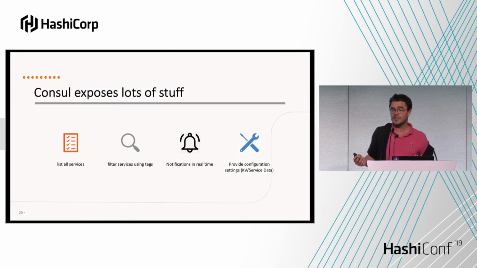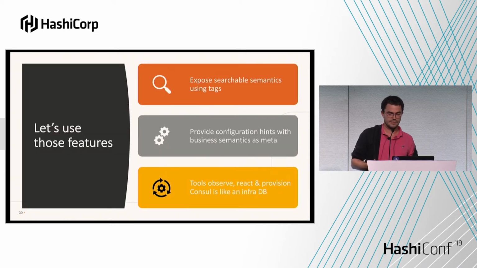So Consul exposes lots of stuff. It allows you, using APIs, to list all the services, to filter the services using tags, to get notifications in real time, and to provide configuration settings using the KV or the service metadata we added. So it's very good. So let's use it.